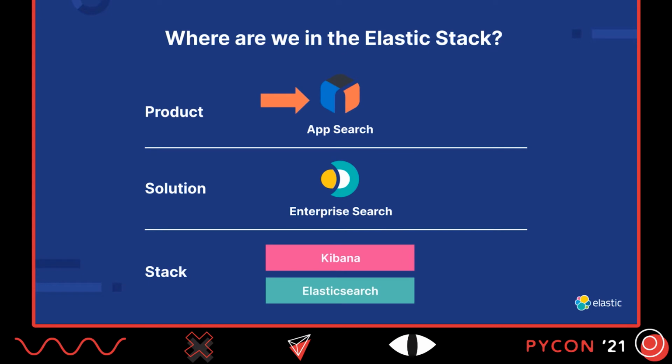The Elastic stack is a pretty big place with lots of different solutions and products. So for the sake of being able to find documentation and search for things and answers in your search solution of choice, I want to clarify where App Search is in the Elastic stack. App Search is a product within the broader enterprise search solution, along with another great product called Workplace Search. App Search, like all of the solutions, is built on the stack, specifically Elasticsearch.